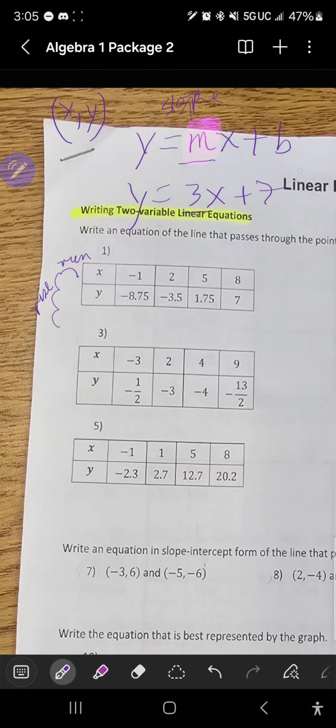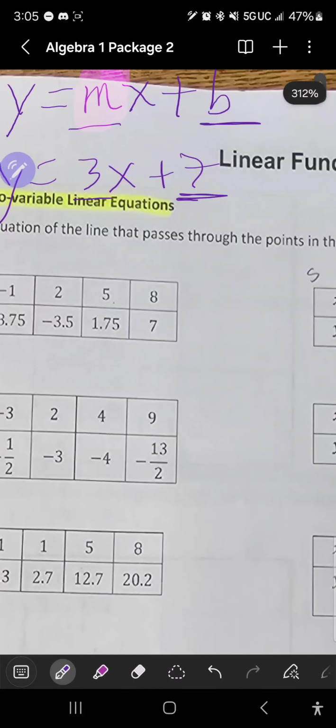Now for the b, which is 7 in this case, it just means the y-intercept, which is the point at which the line touches the y-axis, the vertical axis. In this case, we know that if x is 0, y is going to be 7, so this will be 0, 7.